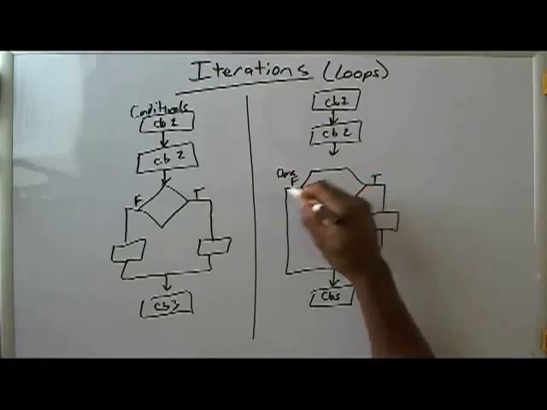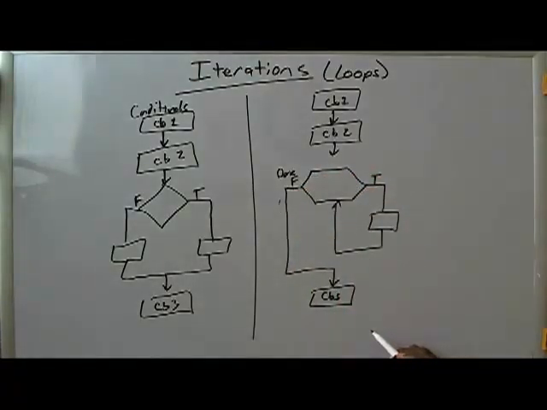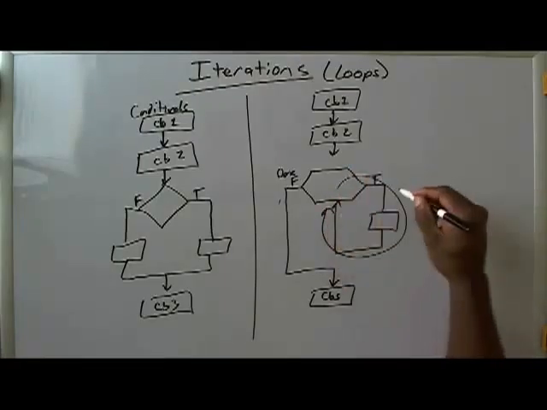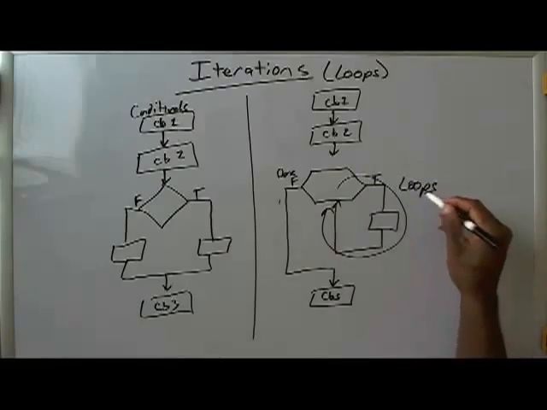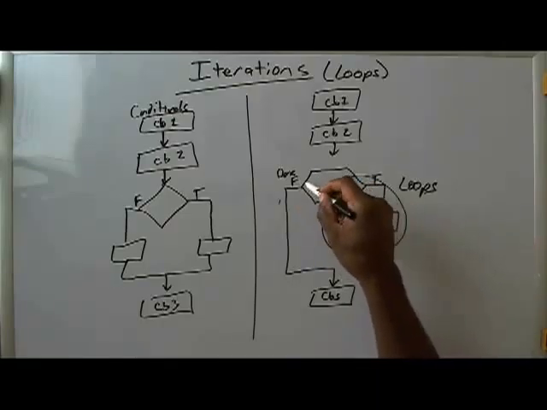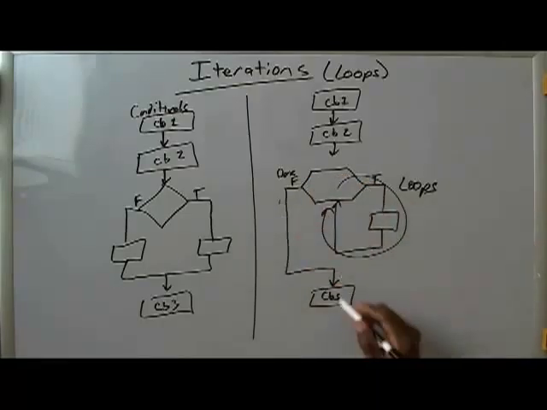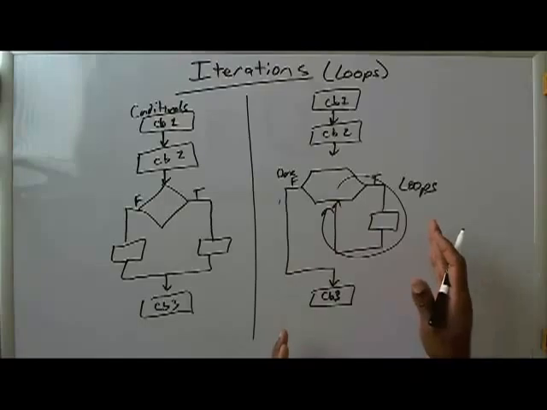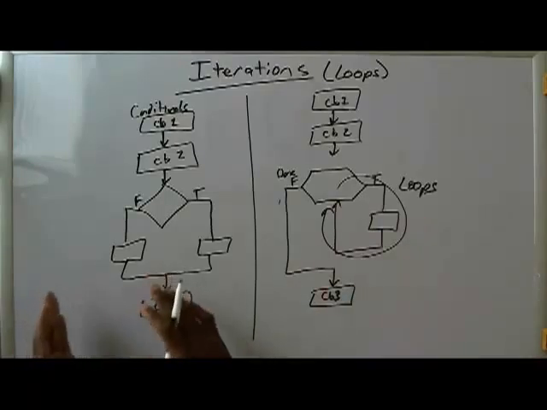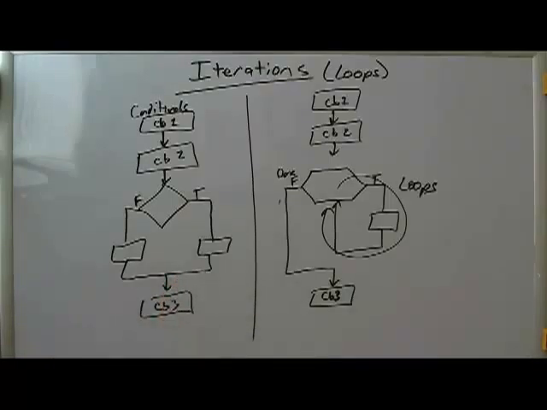And when you're done, then you just continue the flow with the rest of your program. So this whole thing about doing things over and over again, this is the concept, and this is why they call them looping. This is why they call them loops. So this is the loop over and over, and then when you're done with the loop, you come out of the loop, and then you continue on with your code blocks, and your program continues to flow. So this is how iterations alter the flow of the program, as opposed to the way conditionals over here alter the flow of the program.